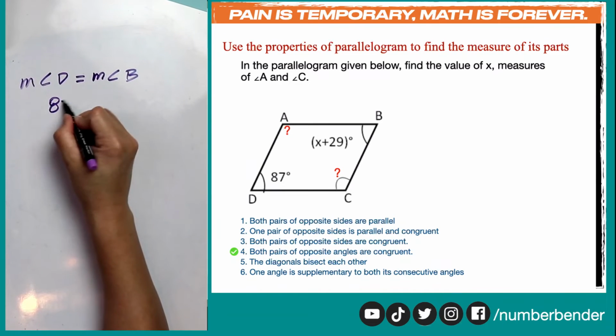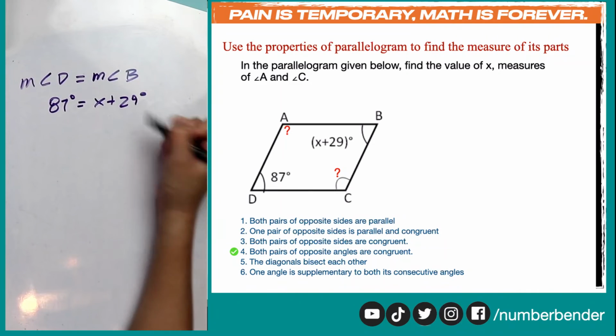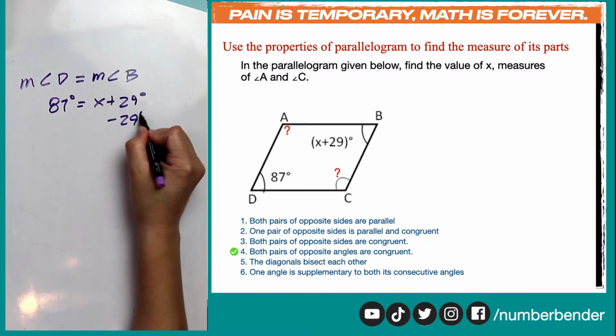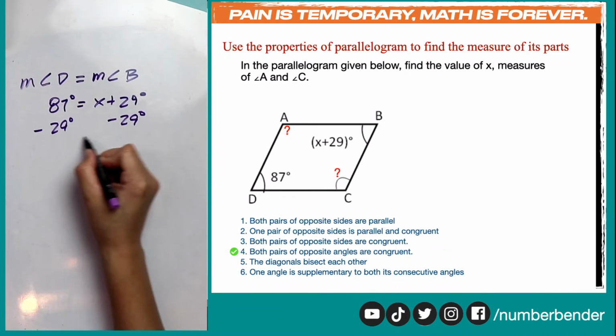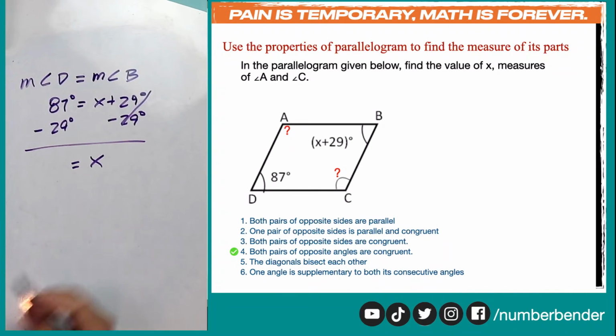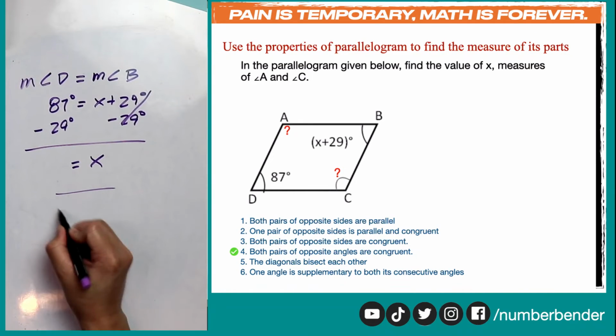So 87 degrees is equal to x plus 29 degrees. And now we have an algebra problem that we can easily solve by subtracting 29 on both sides. We'll be able to find the variable x that will help us solve for angle B in our parallelogram.